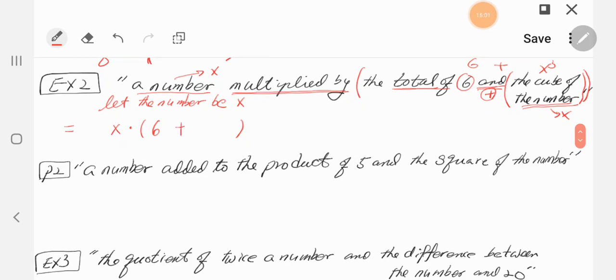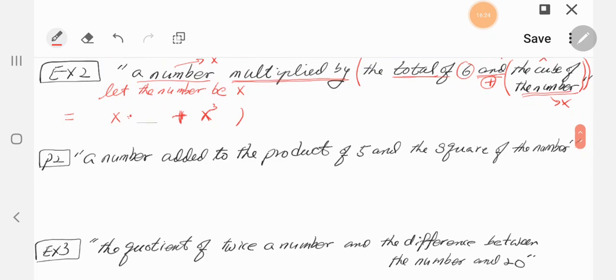The first number is 6 and the second number is x cubed. Okay, that's it. So this means a number x is multiplied by the sum of 6 and the cube of x. All right.